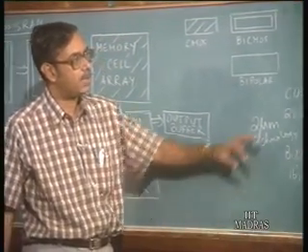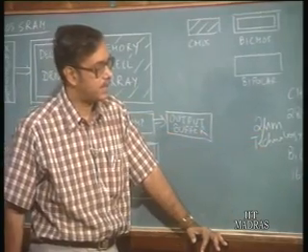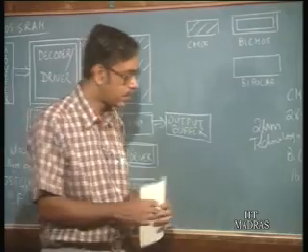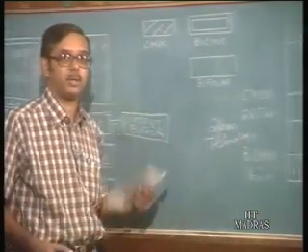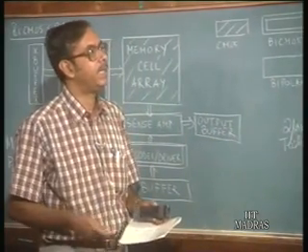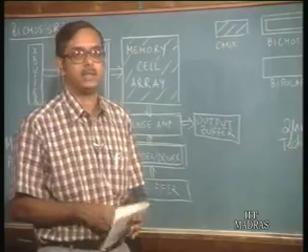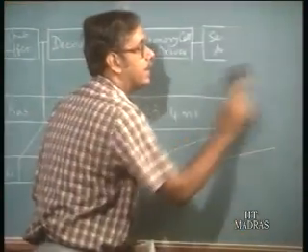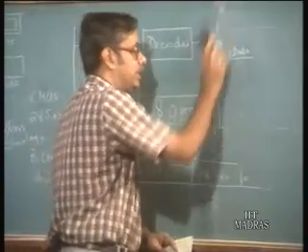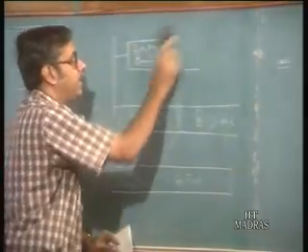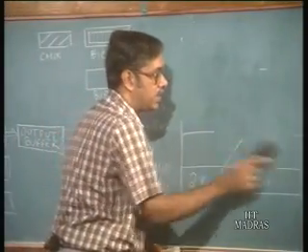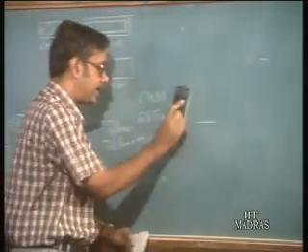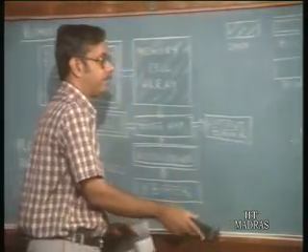So, what we shall do in today's class is take up the different components in a BiCMOS memory and see the changes that we must make in the CMOS static RAM in order to improve the performance. Firstly, let us take the memory cell array.